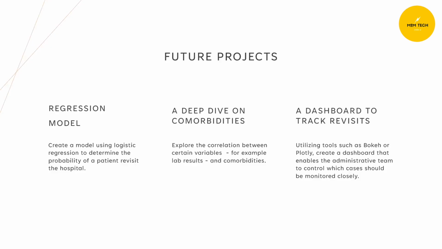Another project that I can think of is a deep dive on the comorbidities that a patient has, and trying to explore the correlation between certain variables, for example the lab results and certain comorbidities, and also a dashboard to track revisits, especially with this model that predicts the probability of revisits, to try and help the hospital track and put more attention on certain conditions that a patient can come to the hospital with.